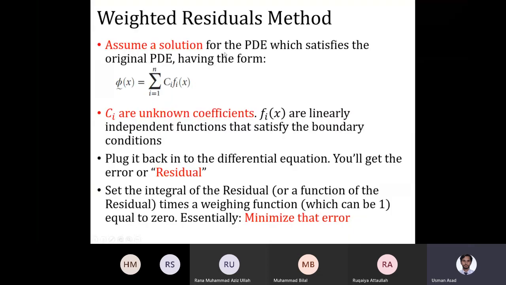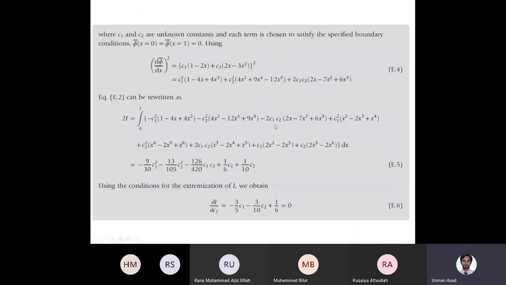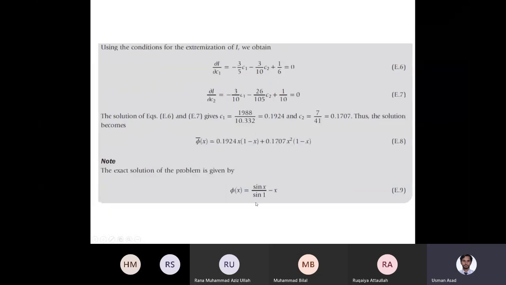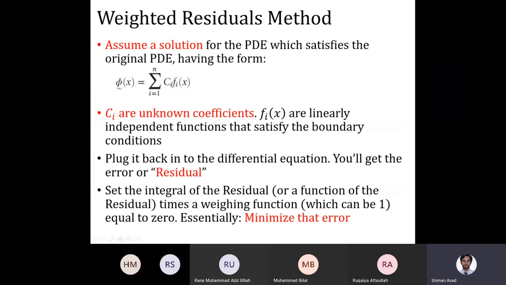ठीक है? वो ये है कि जो हमारे पास पीडीई थी, स्टार्ट उसी तरह होता है कि जो पीडीई थी उसकी हम कोई सोल्यूशन एज्यूम करें, जिसकी फॉर्म हो सम कांस्टेंट मल्टीप्लाइड बाय ए फंक्शन, and that function should be such that they satisfy the boundary conditions, right? ठीक है?